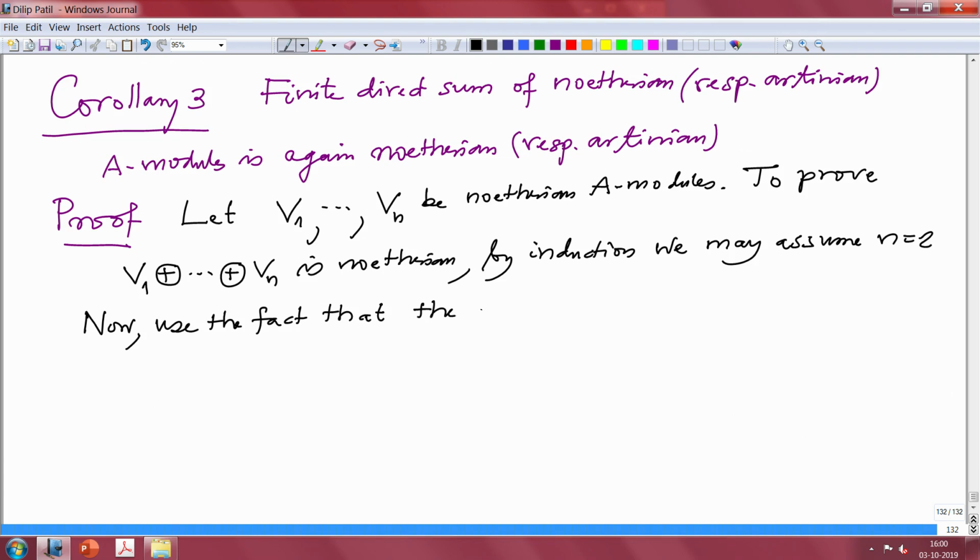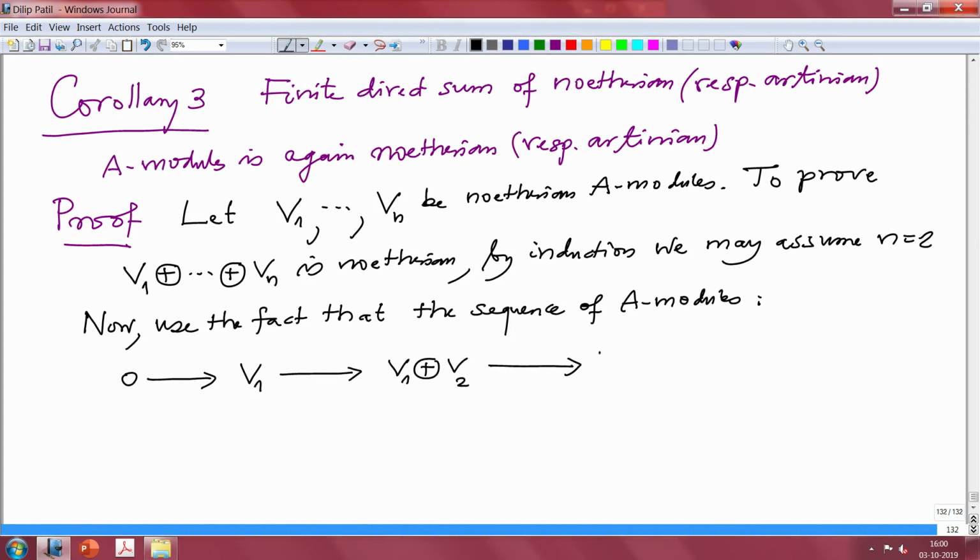the sequence of A modules, the sequence 0, V1, V1 direct sum V2 and V2 to 0, is an exact sequence, a short exact sequence.